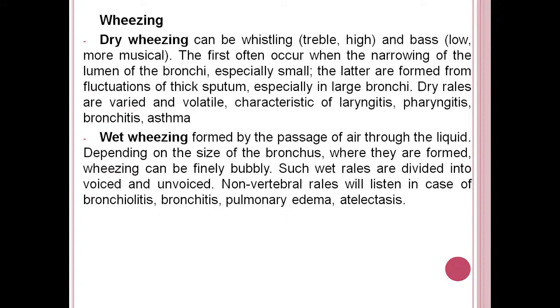Wheezing. Dry wheezing can be whistling, treble, high, and bass, low, more musical. The first often occur when there is narrowing of the lumen of the bronchi, especially small ones. The latter are formed from fluctuations of viscous sputum, especially in large bronchi.